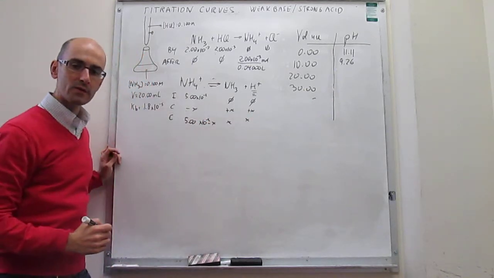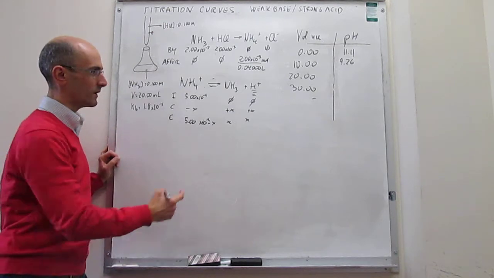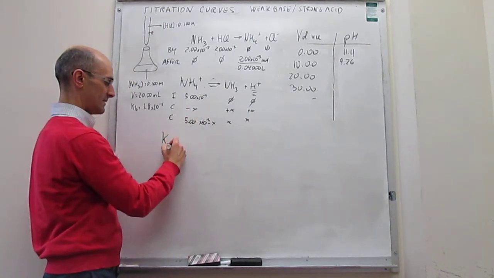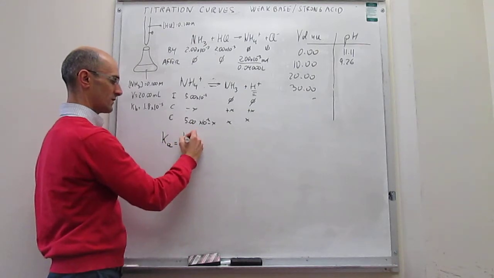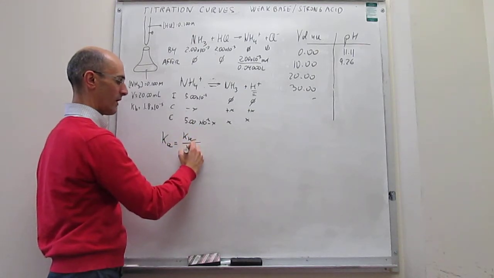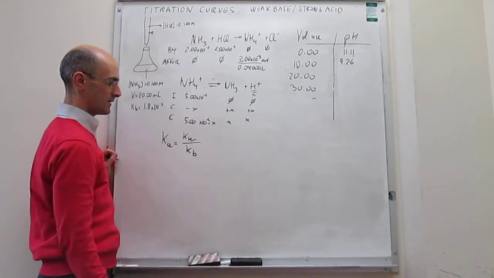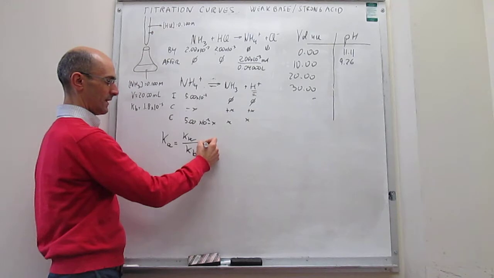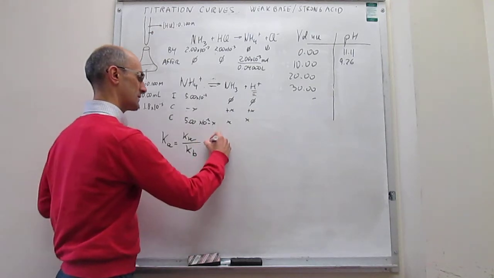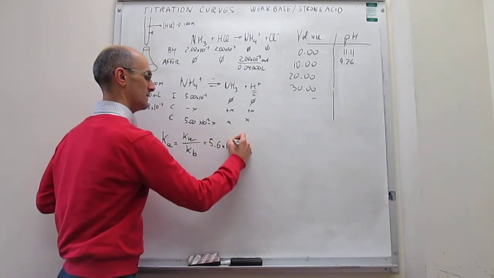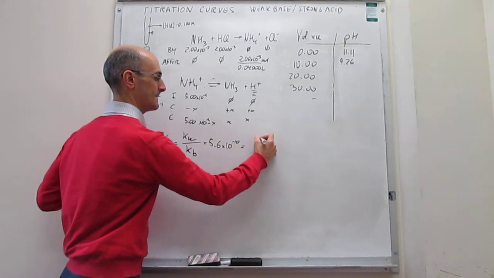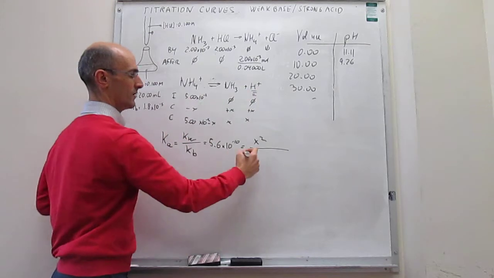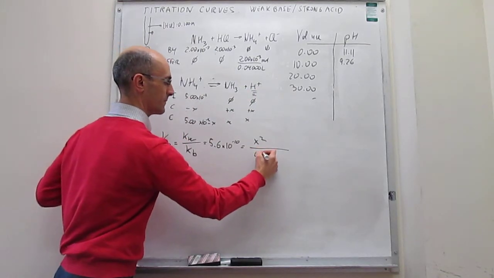So we're ready to go to the equilibrium constant and calculate the concentration of protons. Notice that this is now an acid process whose equilibrium constant will be the water autodissociation constant over the basic constant for ammonia, and that is equal to 5.6×10^-10. And that is equal to the concentration of ammonia times protons over ammonium at equilibrium.